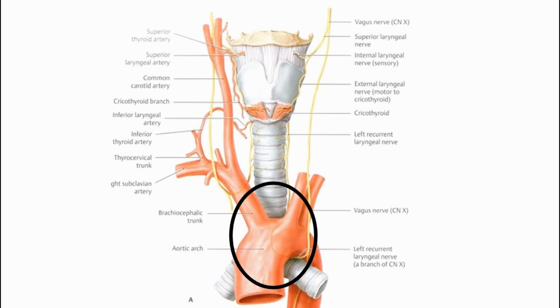Now, what point needs description? First, the arch of the aorta is in front of the trachea, and as the arch of the aorta turns to the left, it is superior to the left main bronchus.